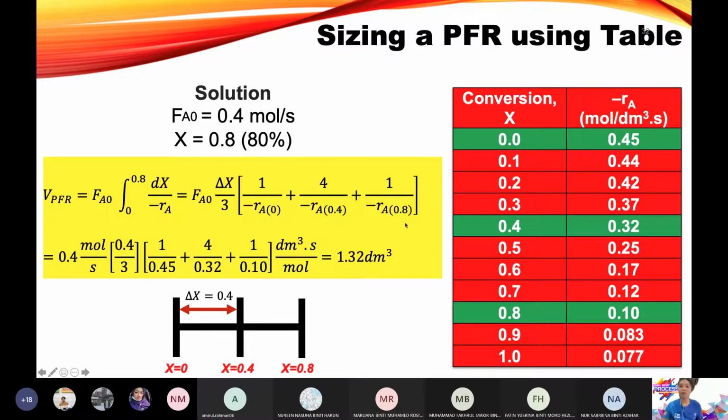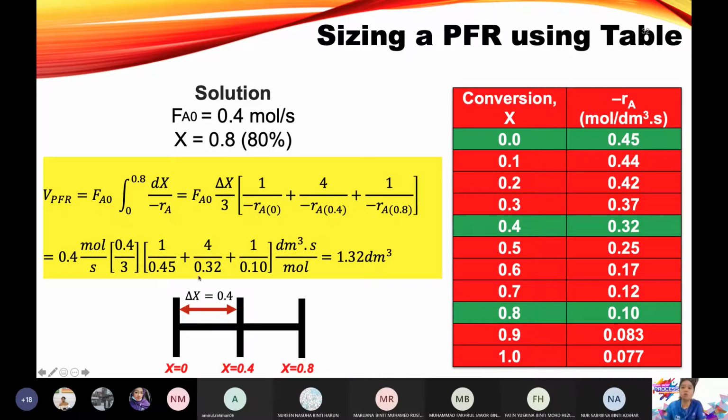Next, 1 per minus RA when my X is 0.8. So when my X is 0.8, minus RA is 0.10. So you replace into the equation. FA0 is 0.4, delta X we already calculated earlier, so delta X is 0.4 over 3. In bracket you replace at 0, 0.45, so 1 per 0.45 plus 4 per 0.32.